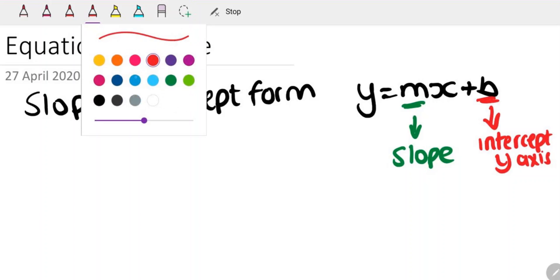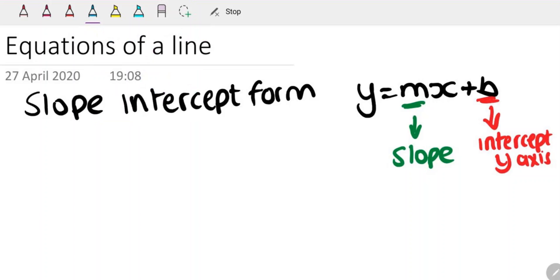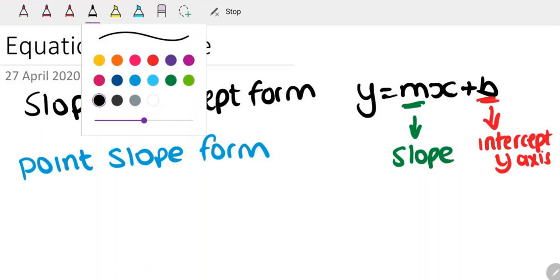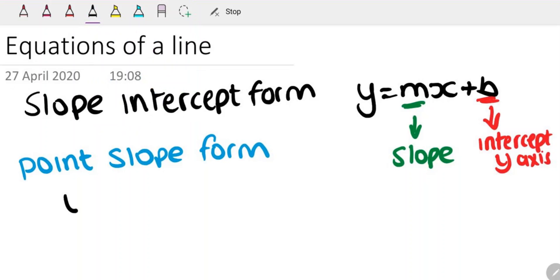The second that we're looking at is called point slope form. So point slope form will look something like this. y is equal to x minus, so this could be a -5 and this could be a -3.